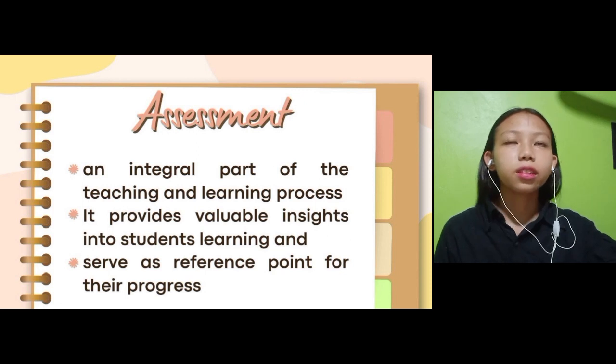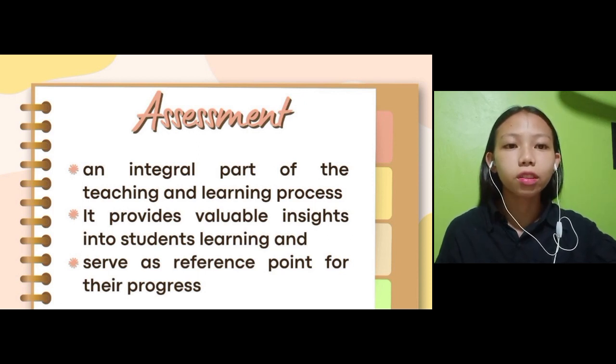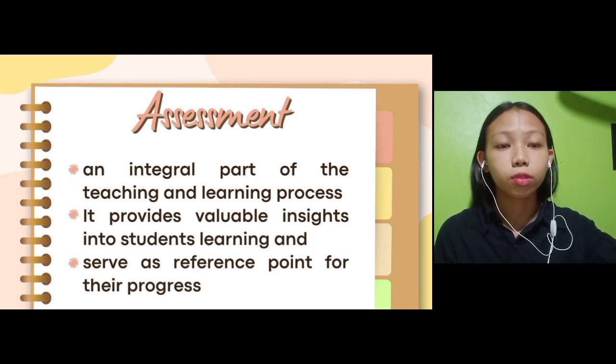So if the teaching strategies of the teachers are not effective, they can think of other strategies that they can use for the effective learning of the students.